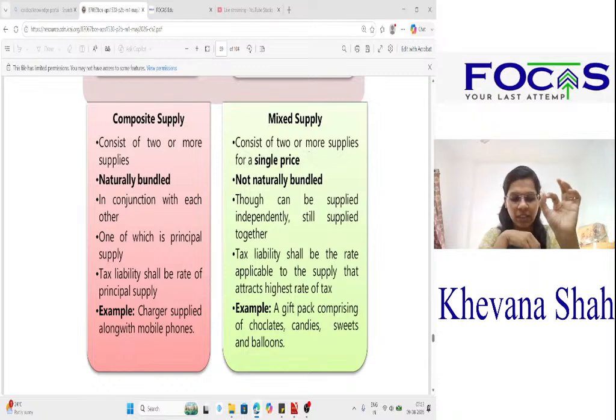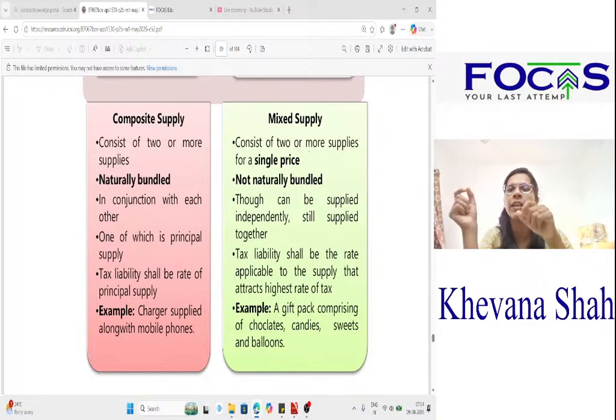Now remember the tricky part here. In exams, you may be given a question where the rates for each of these supplies are given separately. So if you are given a single invoice, but in that invoice the price of chocolates, the price of candies, the price of sweets and the price of balloons are mentioned separately, then even though this is a mixed supply, since your invoice states the values of each of these supplies separately, you will apply the respective GST rate for each of these supplies.